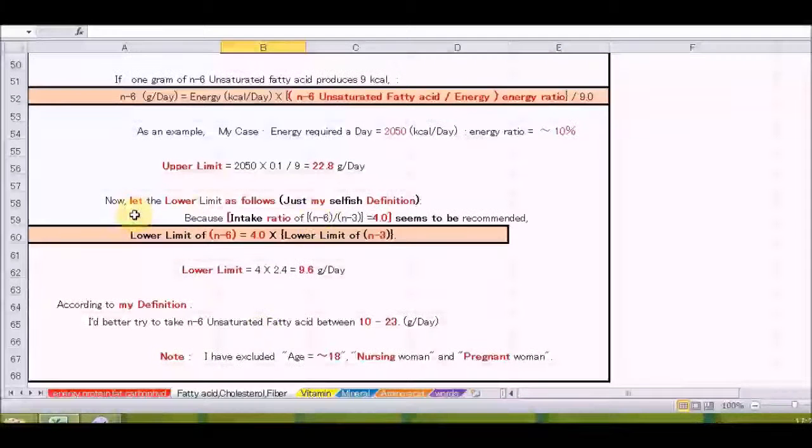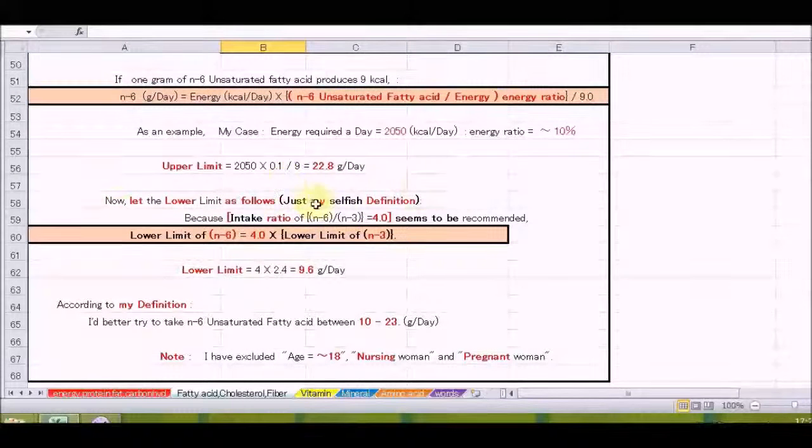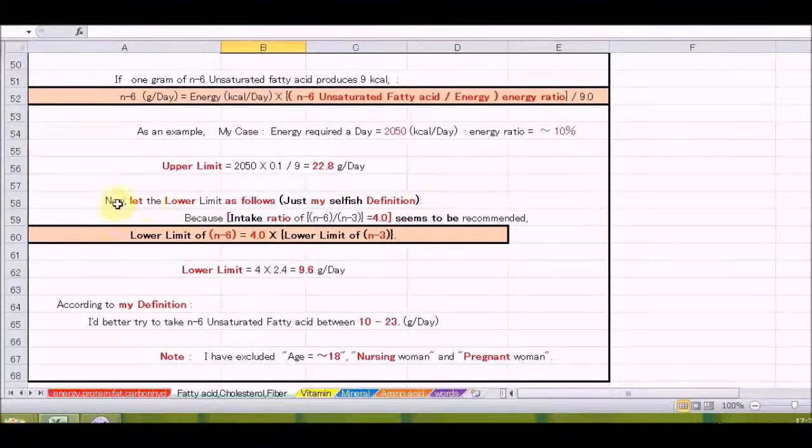Now, just my selfish definition about lower limit.